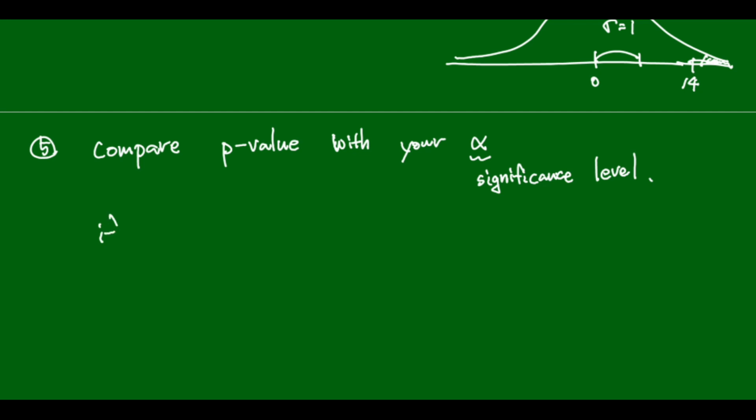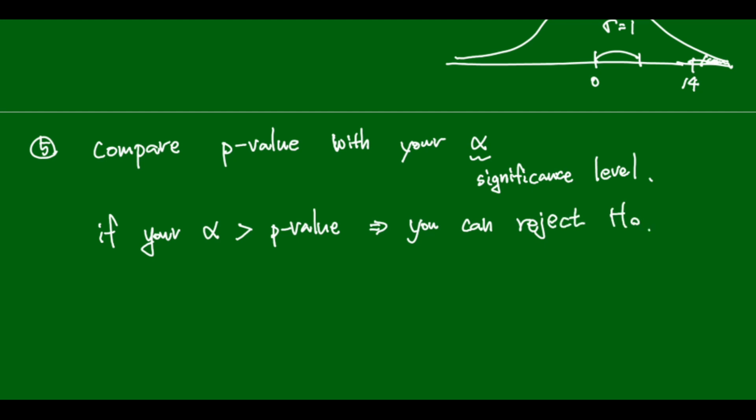If your alpha is larger than the p-value, then you can reject H null.